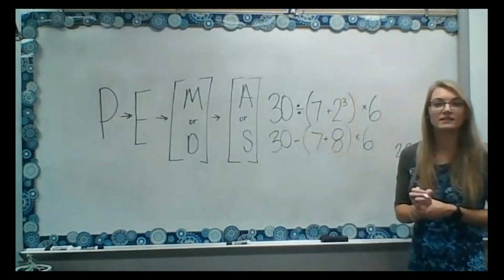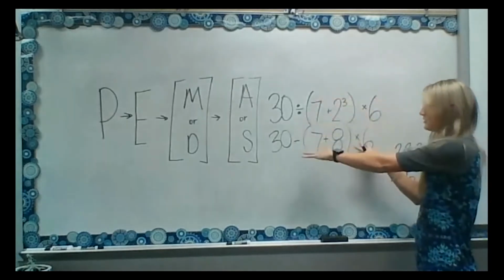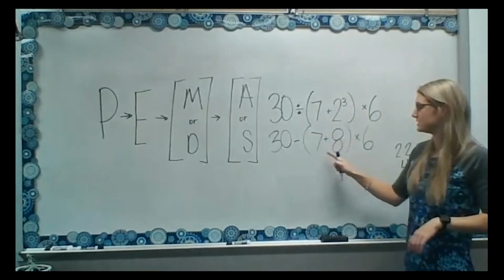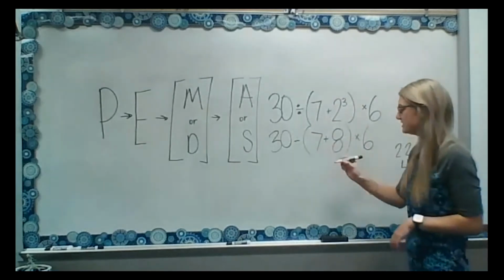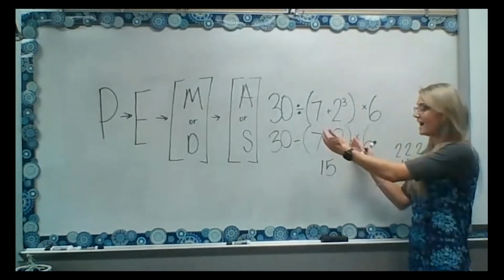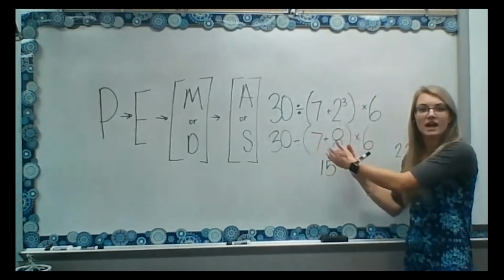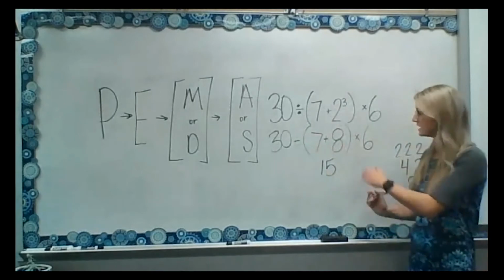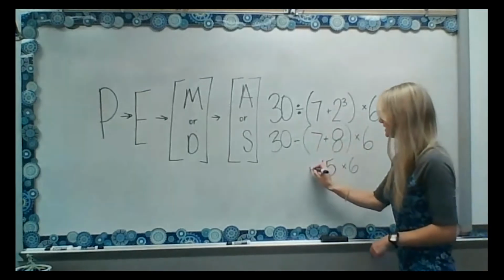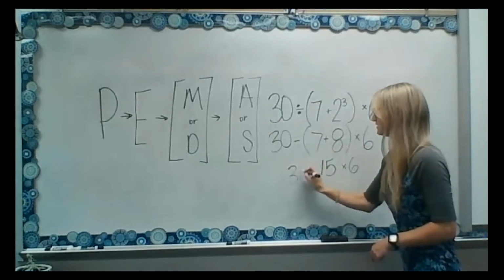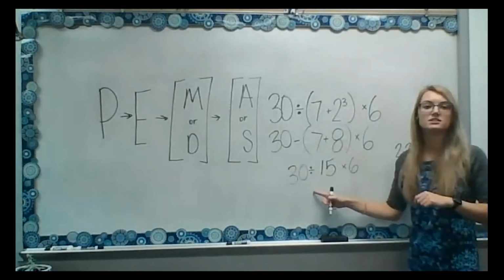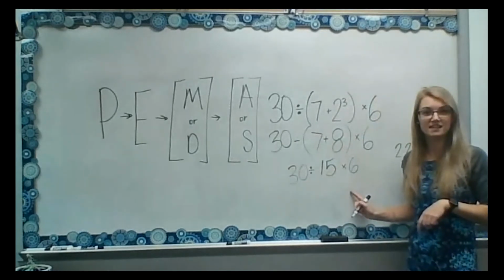And it's really important that each time we bring down the rest of the problem with us so we don't get anything left behind. And then we add. What's 7 plus 8? 15, right? And now that there's no more operations, I don't have to write the parentheses anymore. I can take away the parentheses and then copy the times 6 and my divide by 30. Okay, so now I have 30 divided by 15 times 6.